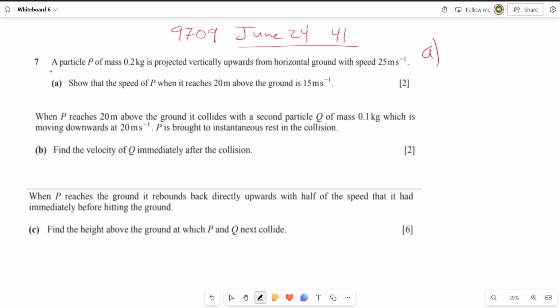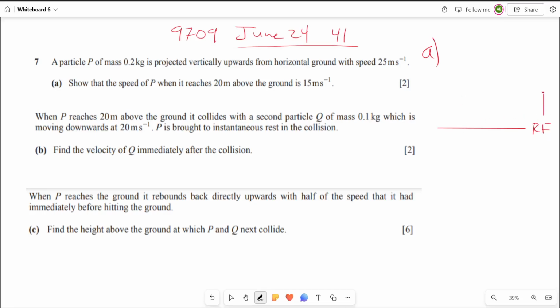So the question says, a particle of mass 0.2 kilograms is projected vertically upwards from a horizontal ground with a speed of 25 meters per second. So let's say this is my horizontal ground, which I will take as my reference point. Any displacement, I'm going to measure from this reference point, and I'm going to take the upward direction as positive.